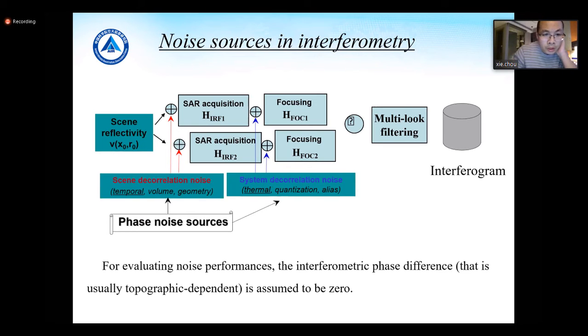It includes scene correlation noise, such as temporal noise, volume noise, geometric noise, and the system decorrelation noise, such as thermal, quantization, and analog noise.